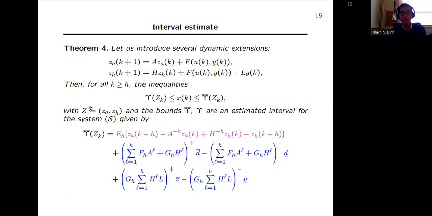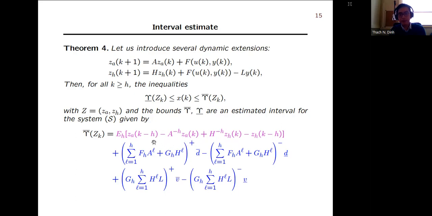And equivalently to theorem 2, we have theorem 4. We use some dynamic extensions to simplify a little bit the representation of the design. We just replace some terms by dynamic extensions, and we can obtain the upper bound for the state.